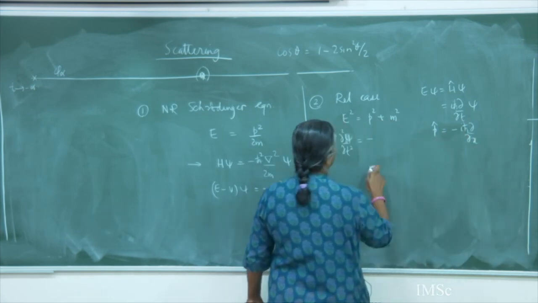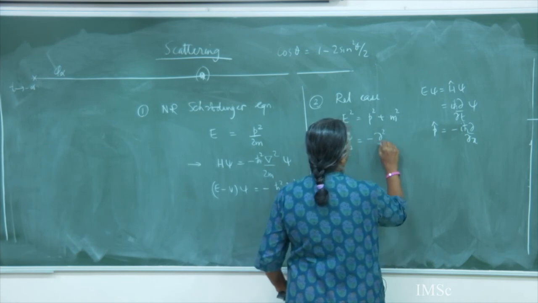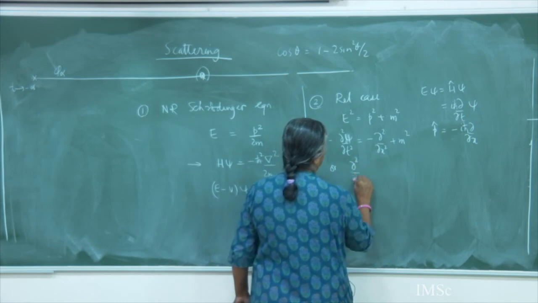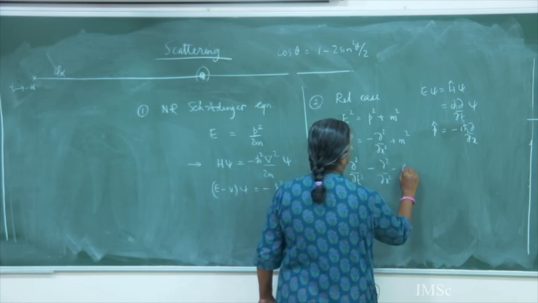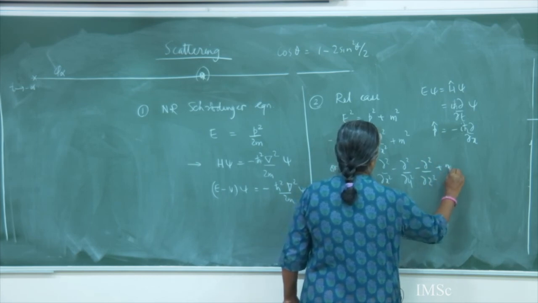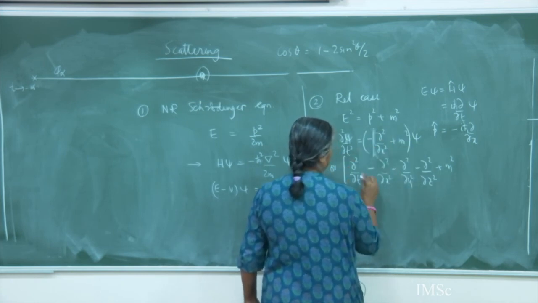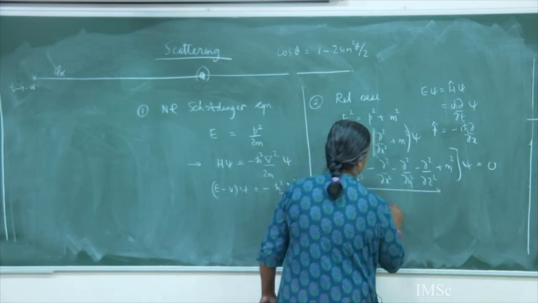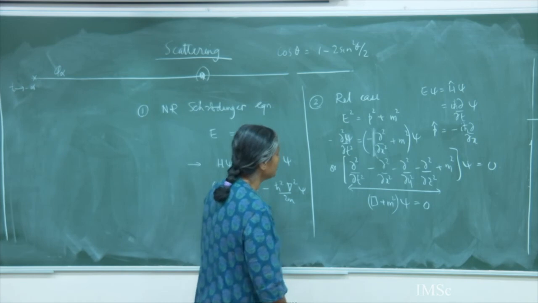There is an h cross over here also, minus del squared, let us write it as d squared by dx squared. So this is called a Klein-Gordon equation.